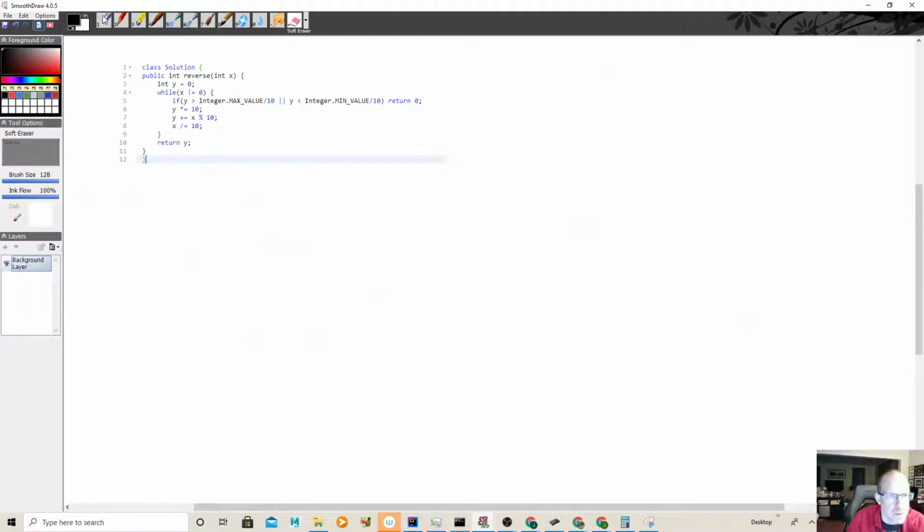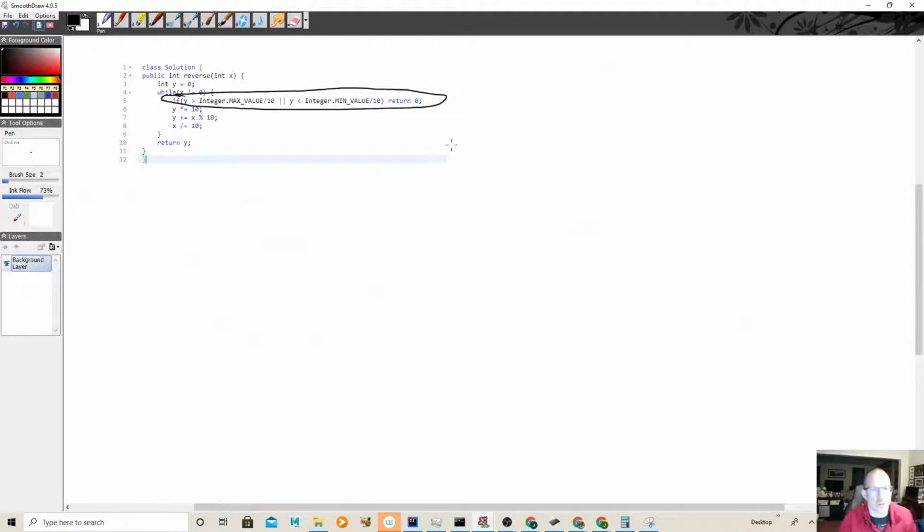The really clever part of this is this right here. It's super, super duper clever. So again, you could just look back earlier in the video where I went over why that works. When you take the max value and divide it by 10, if y is greater than that, when I multiply it by 10, it will overflow.